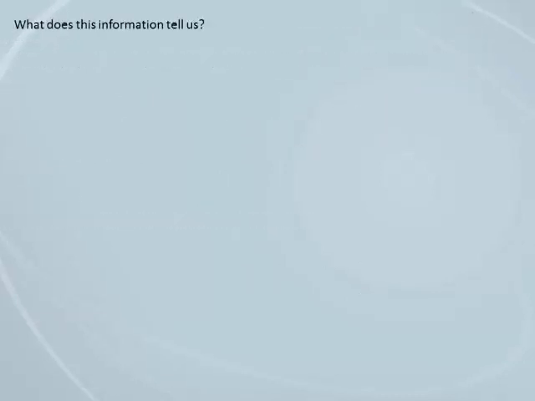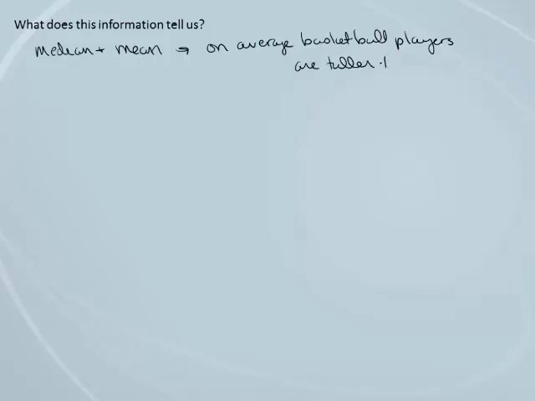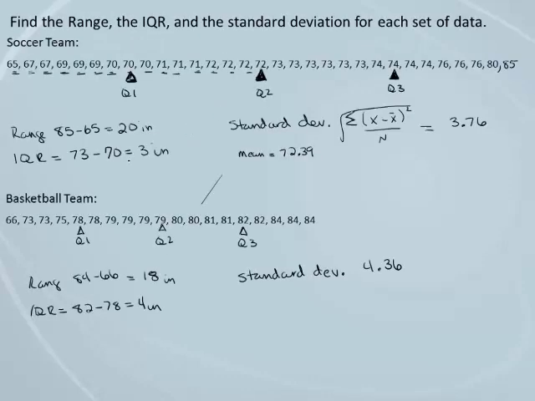So what does this information tell us? Okay, first of all, our median and our mean told us that on average, basketball players are taller than soccer players. Our range information tells us that soccer players have a wider range of heights.